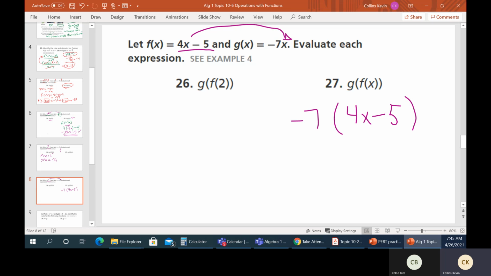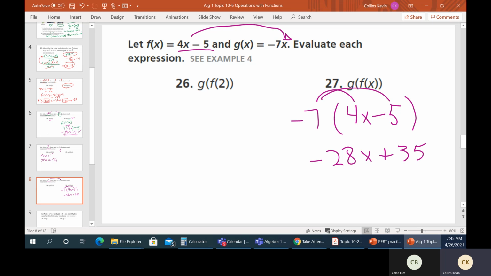Okay, so then we distribute. So we do minus 7 times 4, that's going to be minus 28x. And then minus 7 times minus 5 is going to be plus 35.